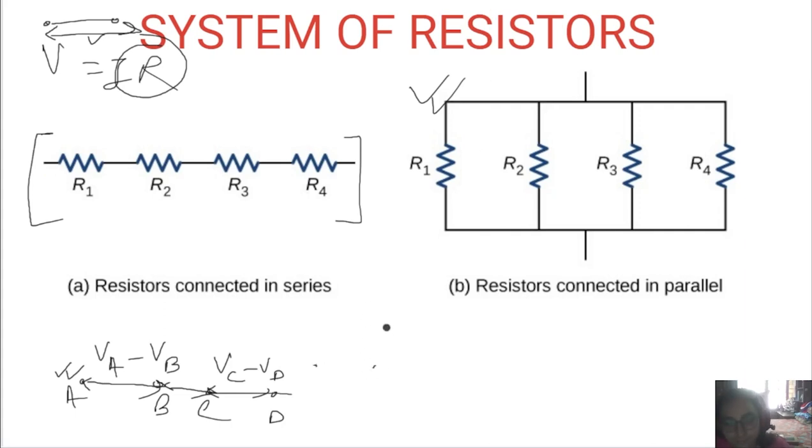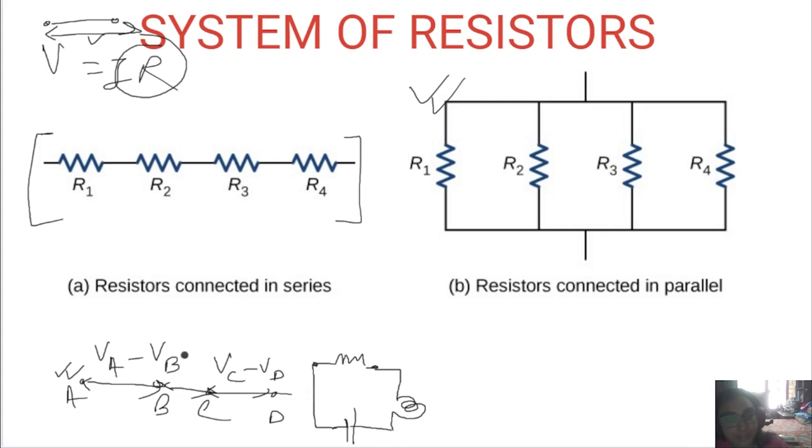For example, suppose this here is a resistance, this is a bulb, and then this is a battery.